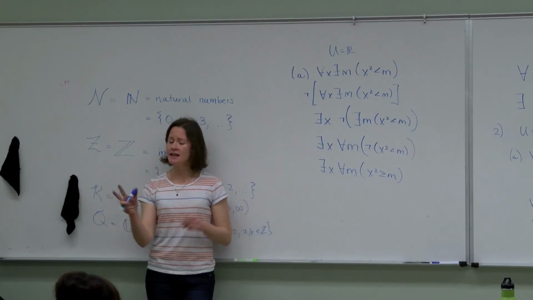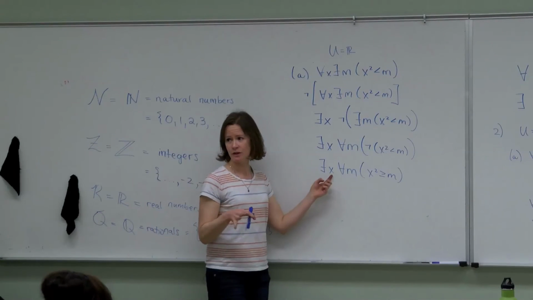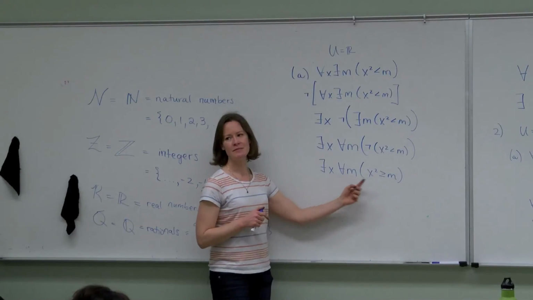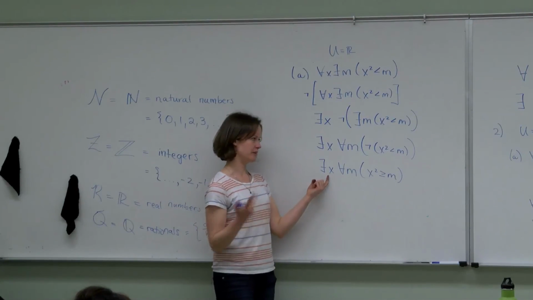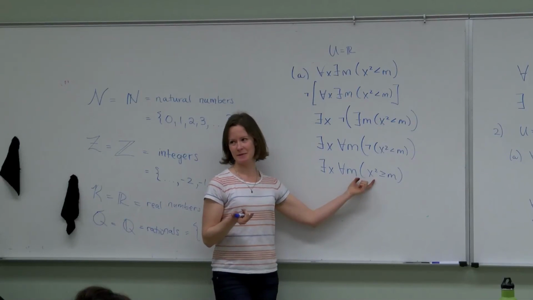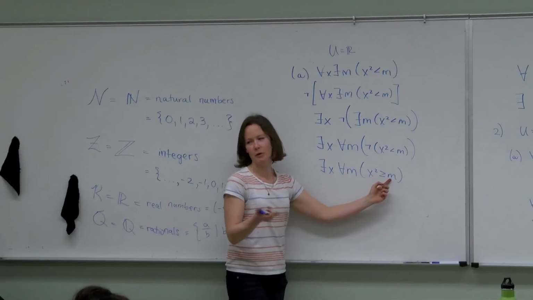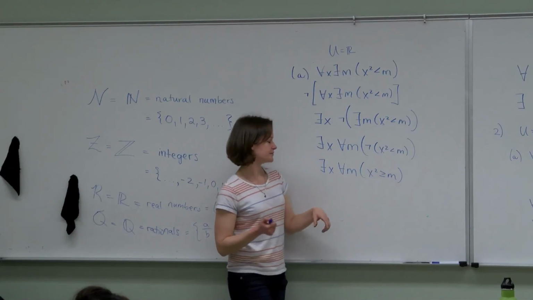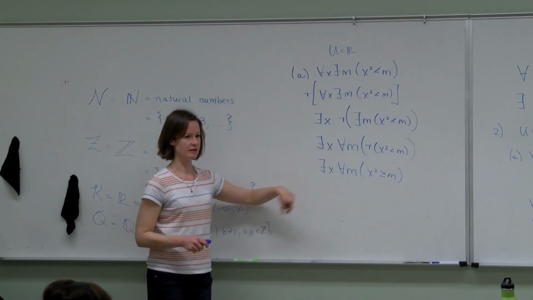So Michael's saying, I can play this game with you where whatever x you claim works, I'll just pick an m that doesn't make this true. Even if I pick x to be a billion, because a billion squared is pretty big, you're just going to take a billion squared plus 1, or plus 0.1, it doesn't matter, and that's your m. So there are at least some m's that don't work for the x that I've picked.